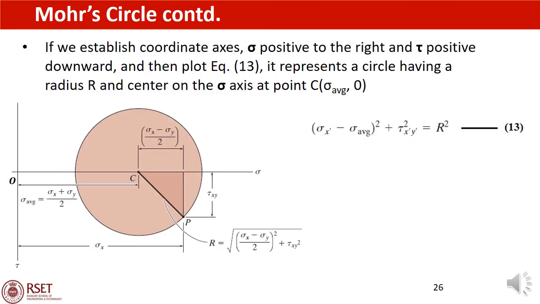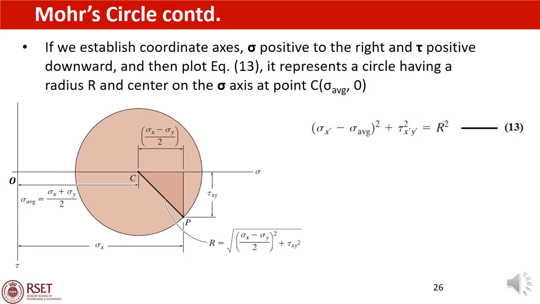If we establish the coordinate axis sigma positive to the right and tau positive downward and plot equation 13, it can be seen that this equation represents a circle having a radius capital R and the center on the sigma axis at point C. The coordinates of point C will be sigma equal to sigma average and tau equal to 0.